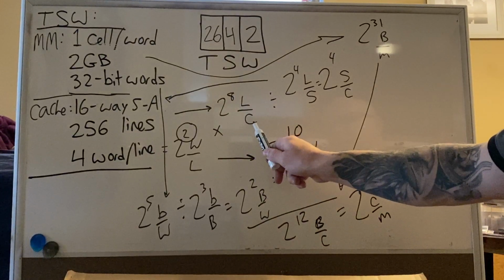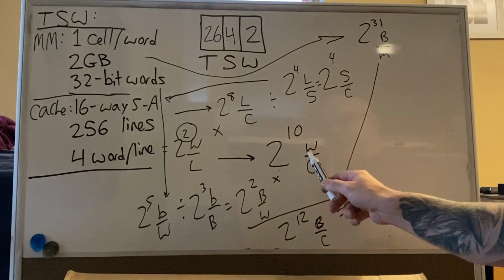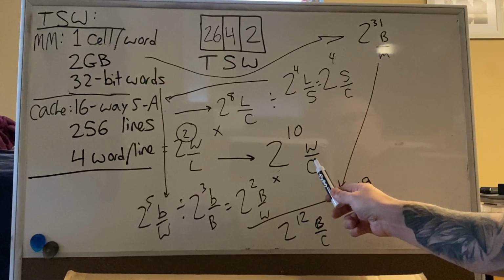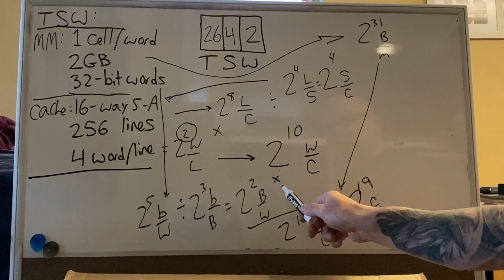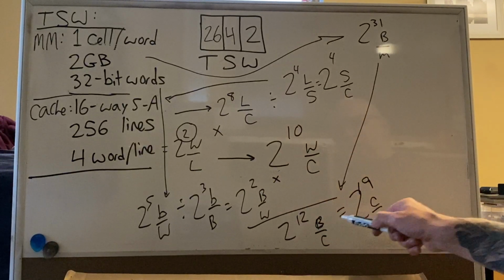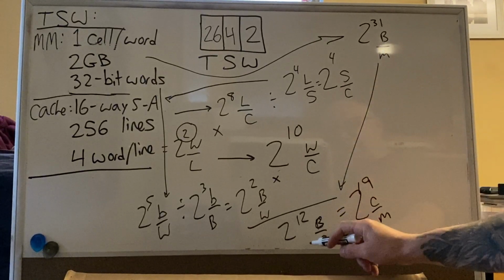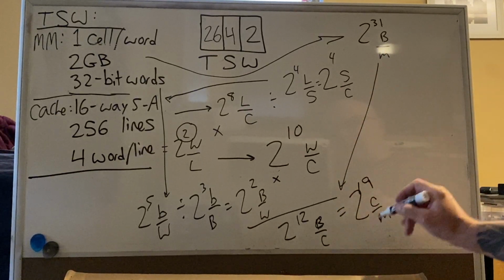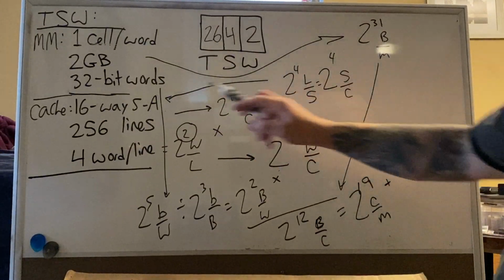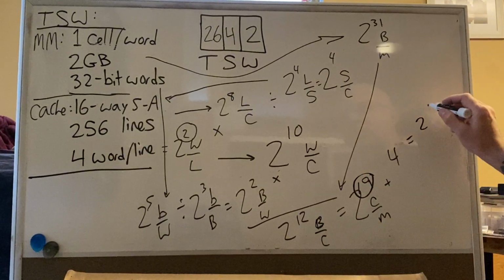If there are 2 to the 4 lines per cache, and 2 to the 2 words per line, that's 2 to the 10 words per cache, times 2 to the 2 bytes per word, that is 2 to the 12 bytes per cache. 2 to the 31 divided by 2 to the 12 is 2 to the 19 caches per memory, plus the log, so it should be 4. The log of the 16-way should be 23.